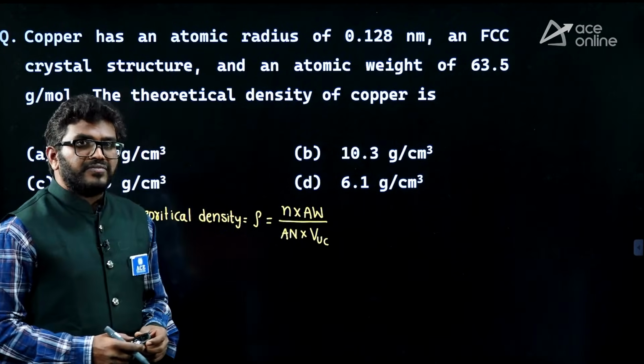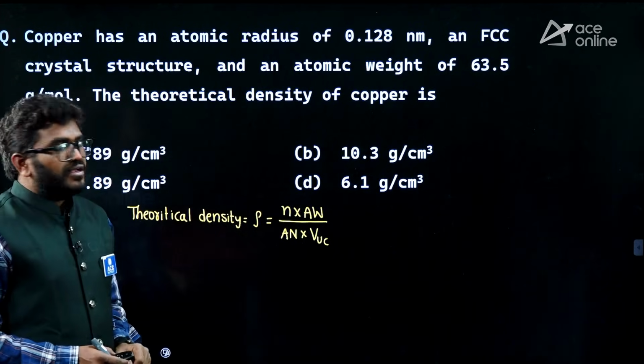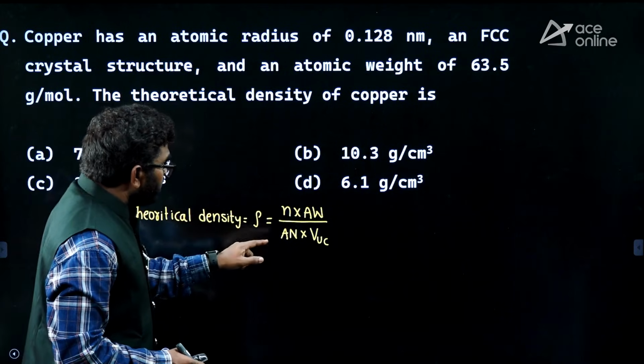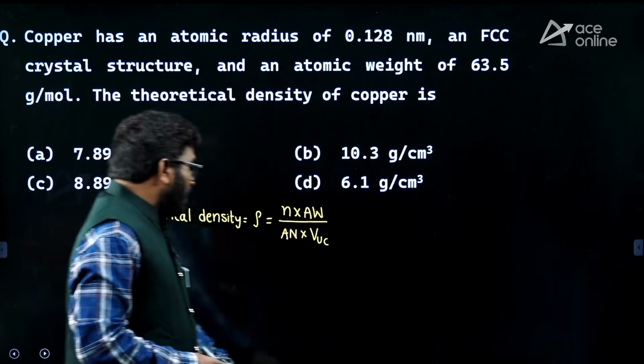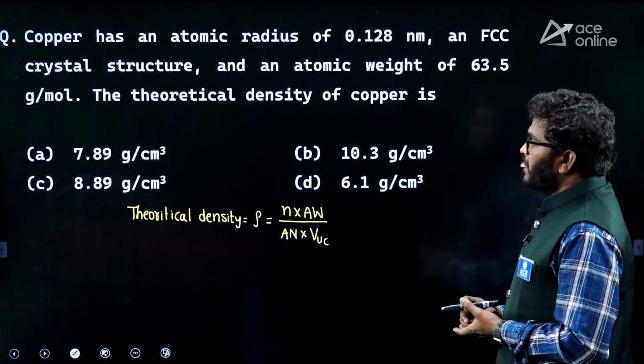This is the formula. Here the number of atoms is the effective number of atoms in the unit cell. AW means atomic weight. AN means Avogadro's number. VUC means volume of unit cell.